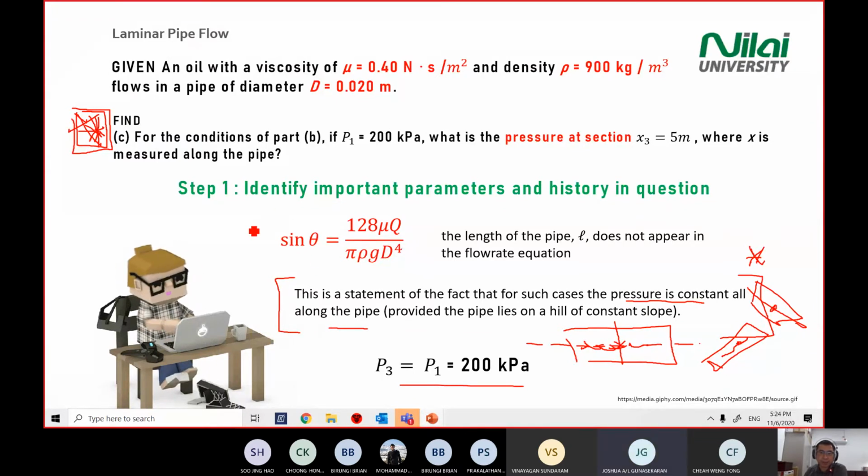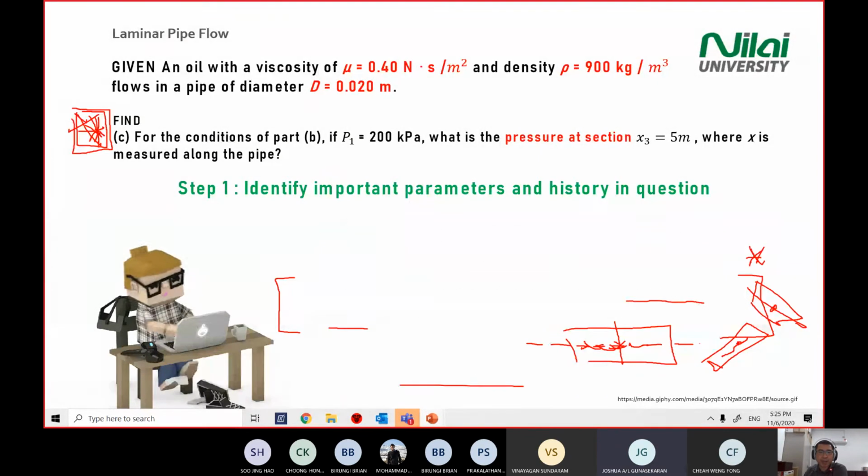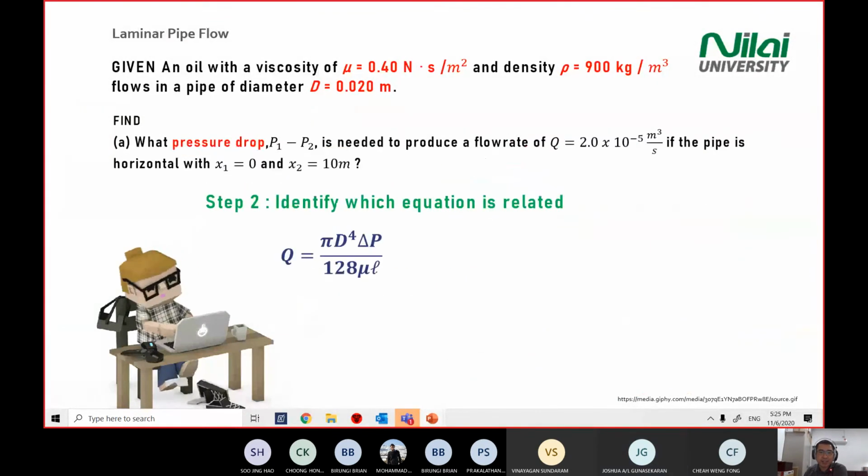Sir, so regardless of the uphill or downhill, the pressure inside the system will be the same, is it? Yep, because inside the pipe, any point that we look at is the same.